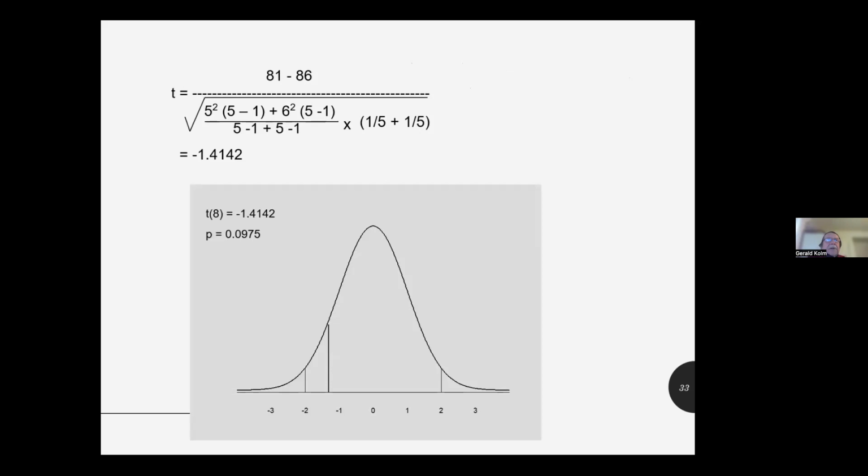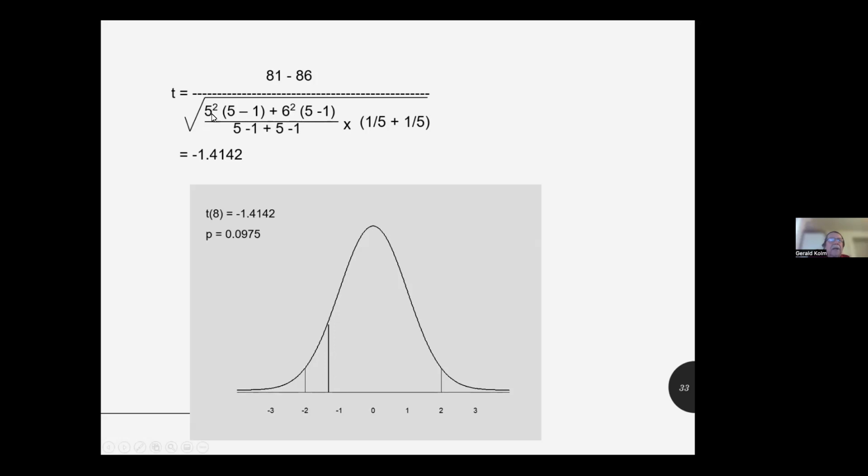And so here is what the computation would look like, where we have our known variance here of 5 in the numerator. That's the difference in our means. And then the denominator is our standard error of the mean, estimating our unknown variance.